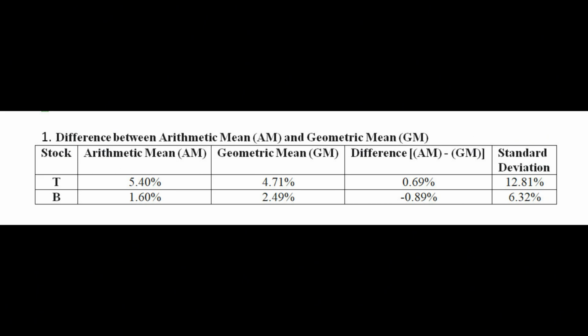The difference between AM and GM for T is 0.69%, and for B it is negative, minus 0.89%. The standard deviation for T is 12.81%, and for B it is 6.32%.